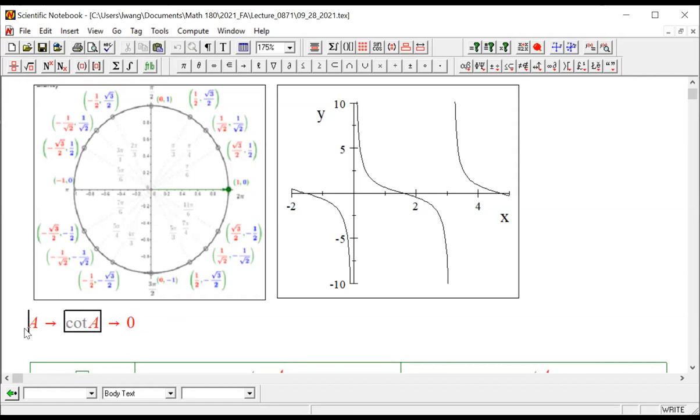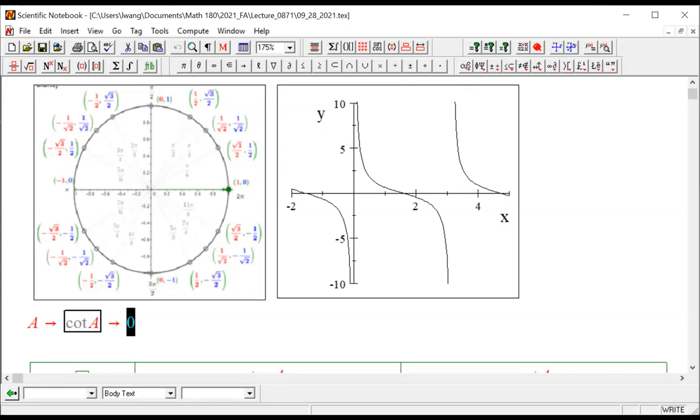So you're going to identify all the possible values in the domain of cotangent that produce 0 output. You look for those numbers where red divided by blue, cosine divided by sine, gives you 0.